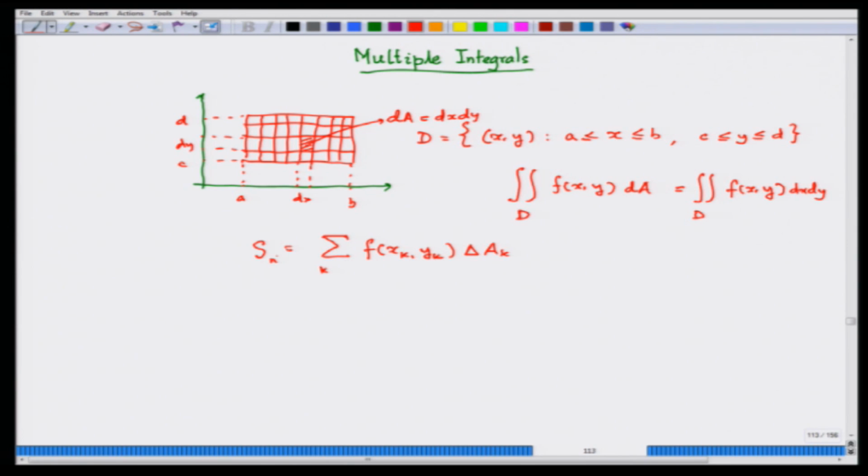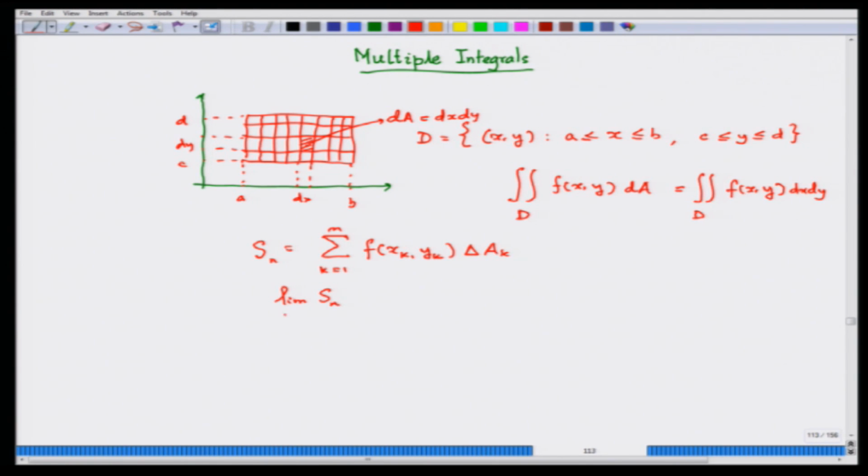Then you start making the partition finer, meaning you are taking rectangles of smaller and smaller area. So, if you take the limit of the sum S_n as n tends to infinity, that means the number of rectangles becomes very large, as a result of which you have more and more terms in that sum.